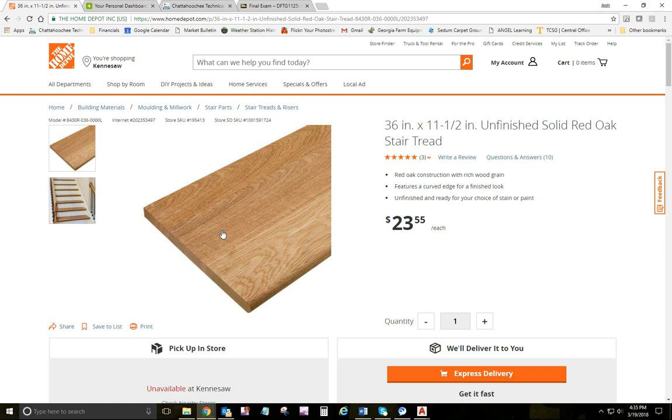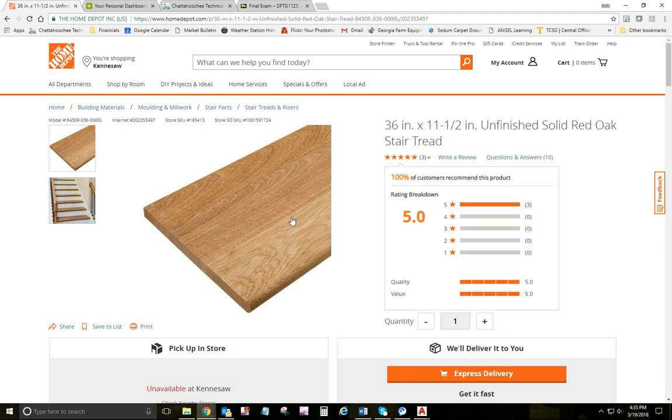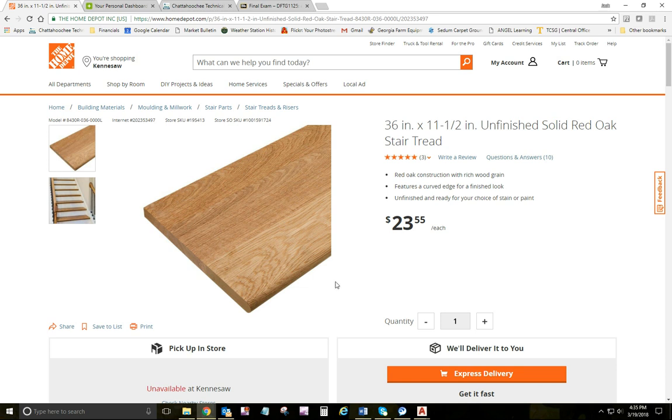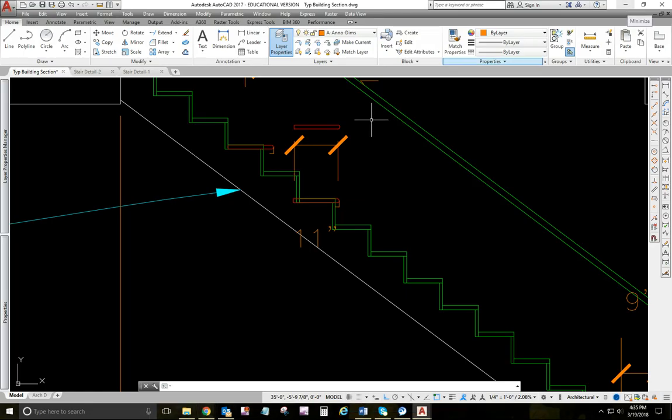And there's all kinds of combinations available. Most residential treads are 11 and a half inches from the straight edge to the nosing, and they're 1 inch thick. Now, commercially, you can get just about anything you want, but that's kind of the norm for residential. So that kind of sets the constraints on what we're doing.